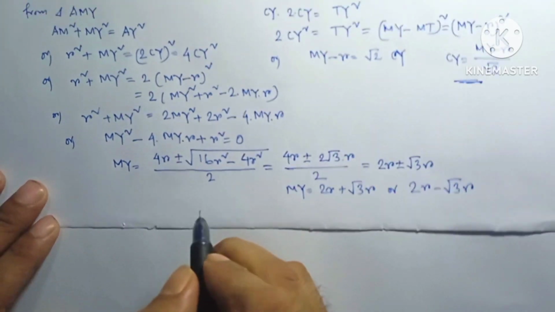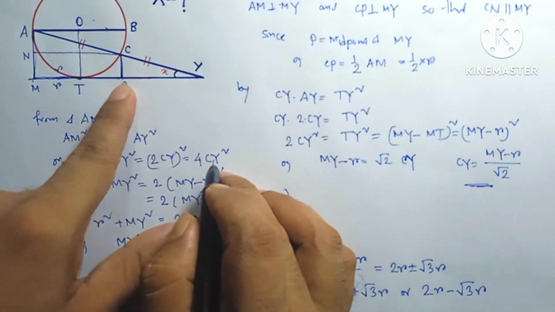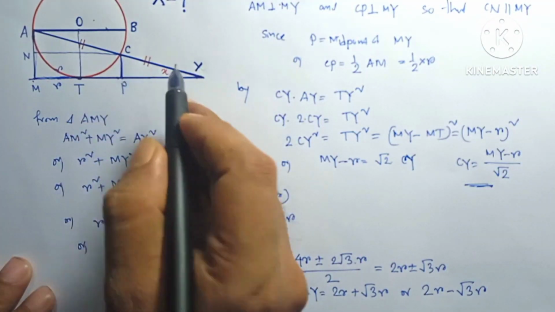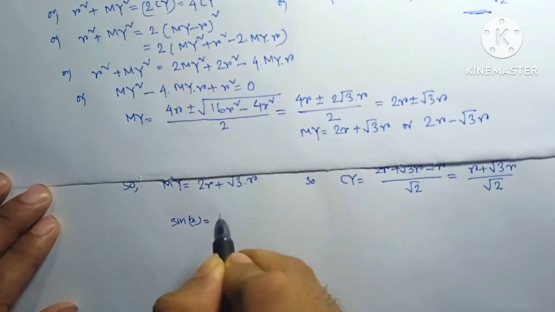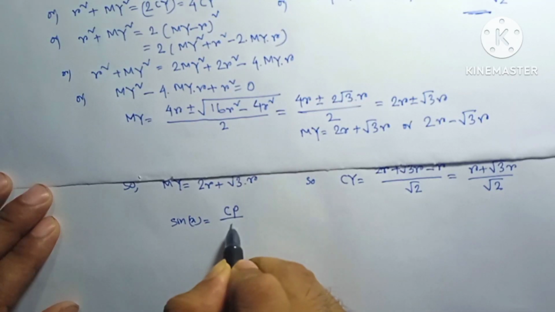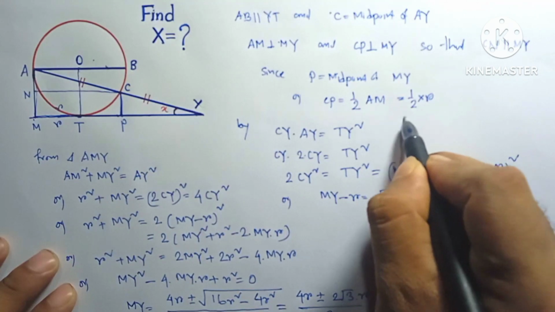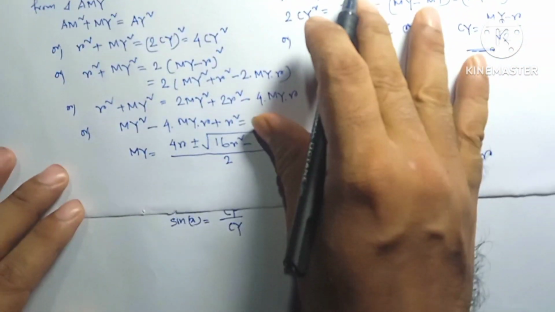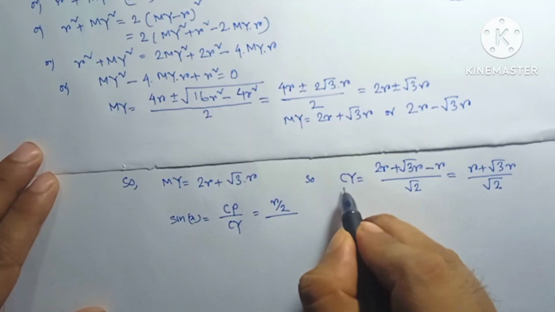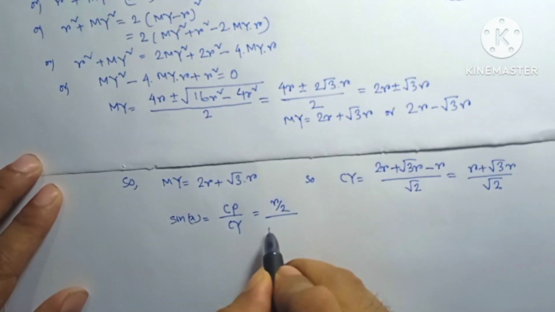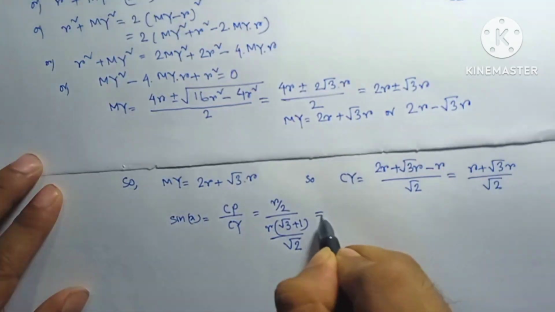So simply sine of x is equal to CP by CY. And we know that CP is R by 2, and CY is equal to R into root 3 plus 1 over root 2.